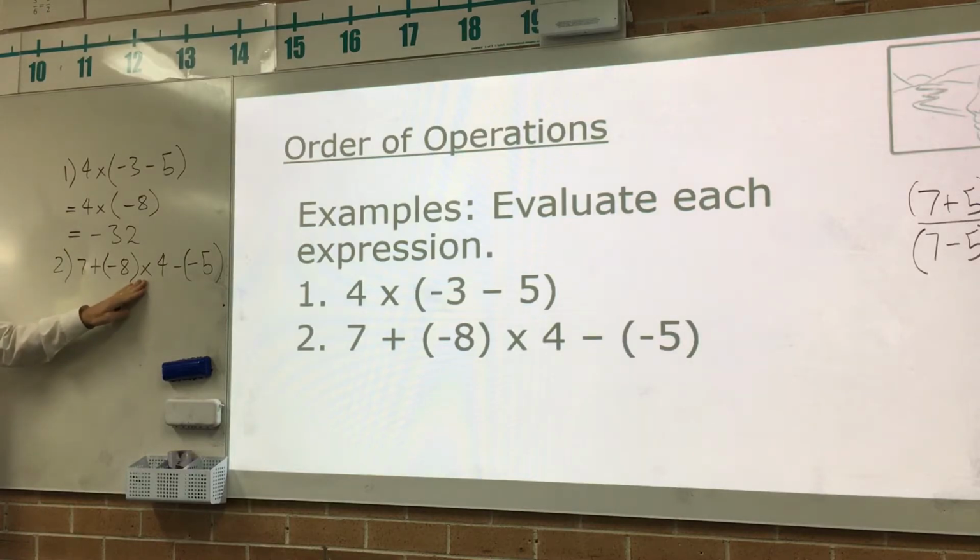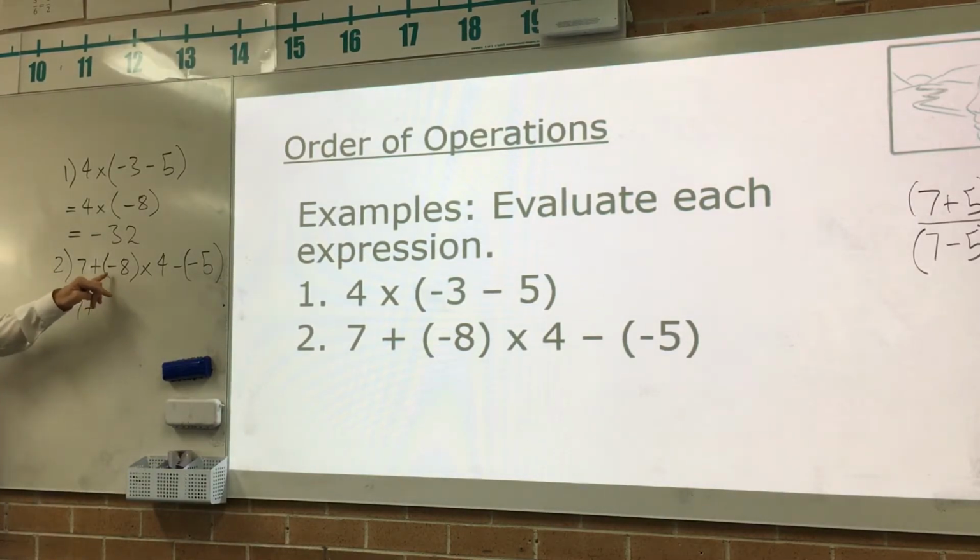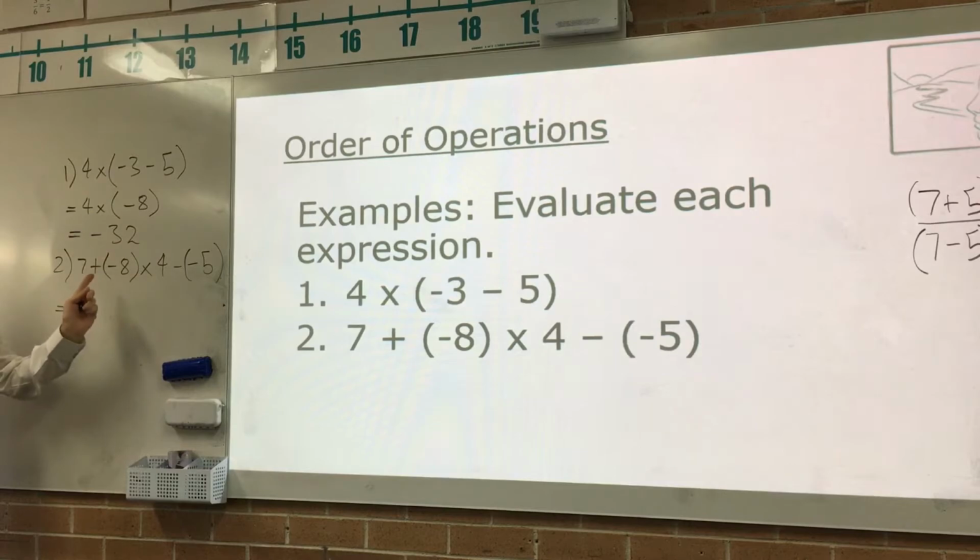I need to do that first before I come and do the rest. So I'm going to write it like this straight away so I don't get confused, but I know that I'm doing negative 8 times 4. Have we seen this question before? Yes. It's right here, isn't it? It's going to be the same. It's just the numbers are reversed, but we know in multiplication, that's how it works.